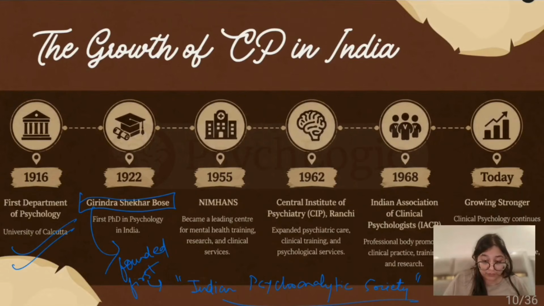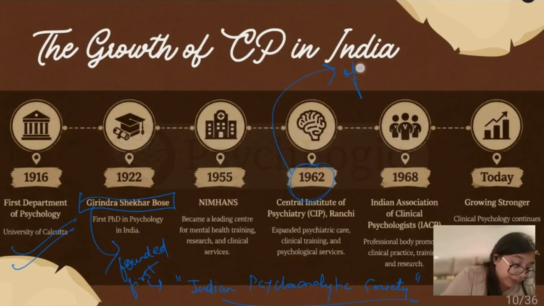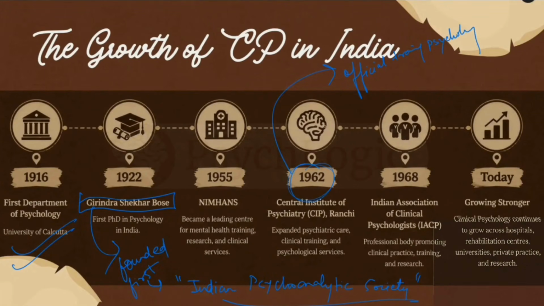What we need to remember is that CIP in 1962 began the official training in psychology. This was actually made in 1918 as an asylum. Then came the Indian Association of Clinical Psychologists, and right now it has been going stronger and stronger.